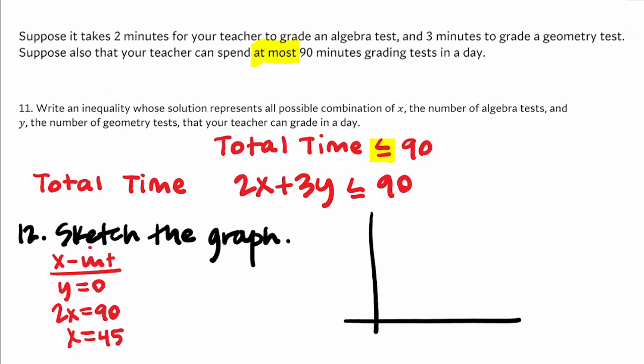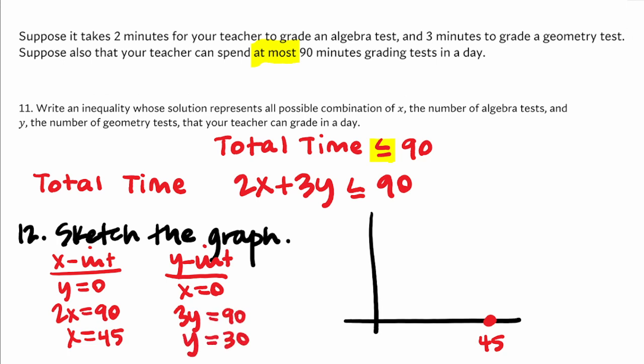I'll put 45 there. Right, to find the y-intercept, I'll set x equal to 0, plug it into the equation, and I'll be left with 3y equals 90, and then I'll know y needs to equal 30, because 30 is the number I can multiply by 3 to get 90.